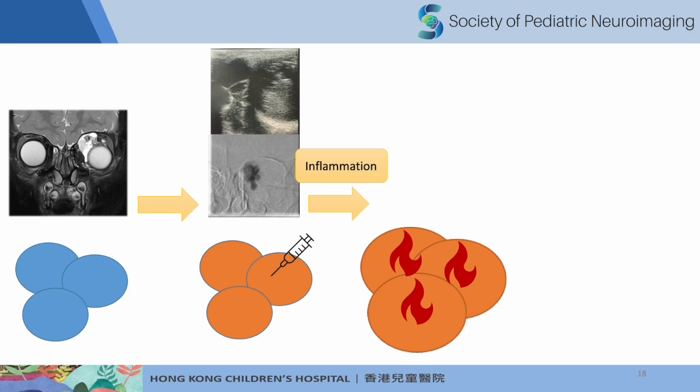Otherwise, it's extremely scary watching your child come out of the procedural room looking worse than before. It's important to remember the kids came here to get better and not worse, but they have to get worse before they get better. So it's important to warn the parents about that.